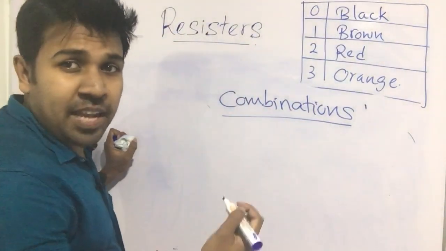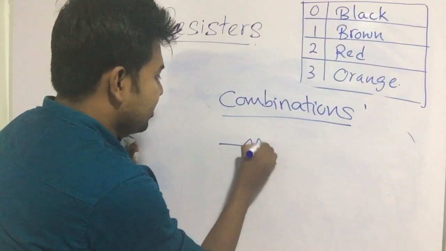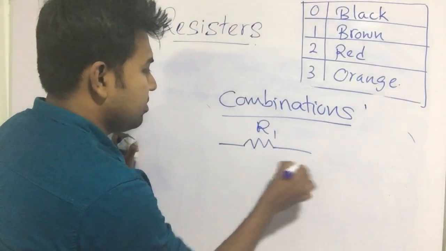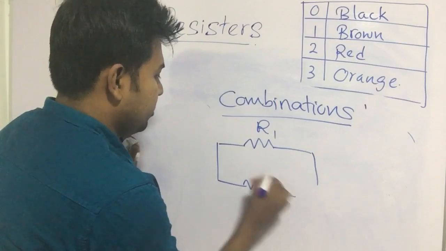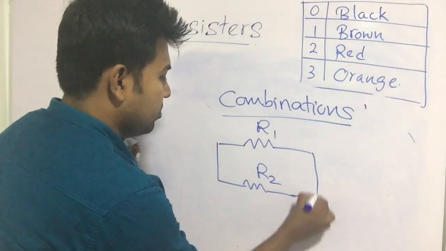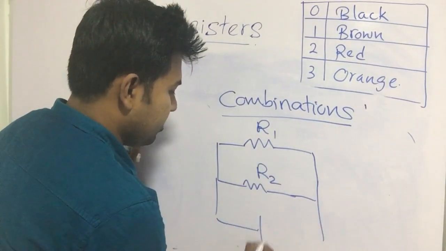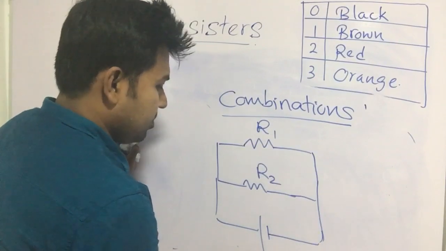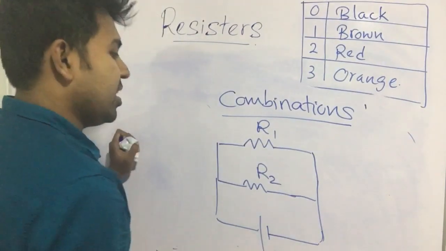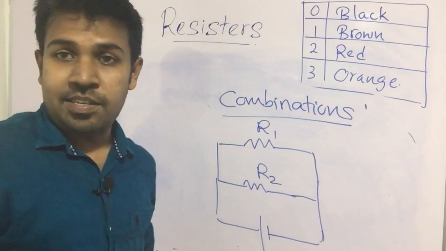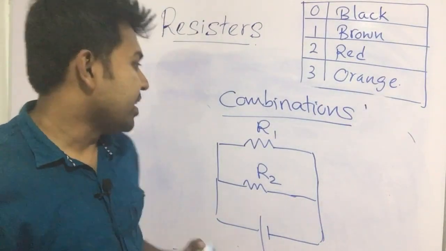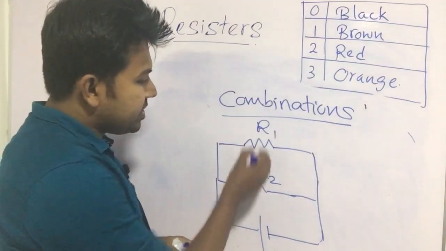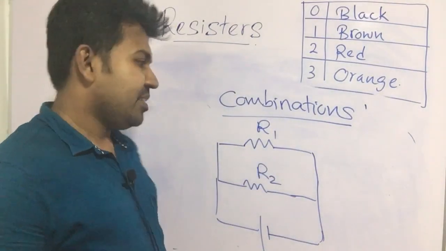If it is a parallel connection, it's like this: R1, R2, and here is the 12 volt again. This is the cell, right? So when we consider this connection, it's simple.